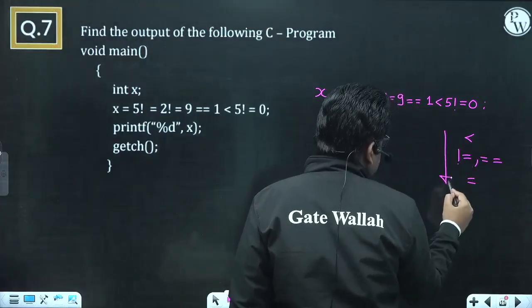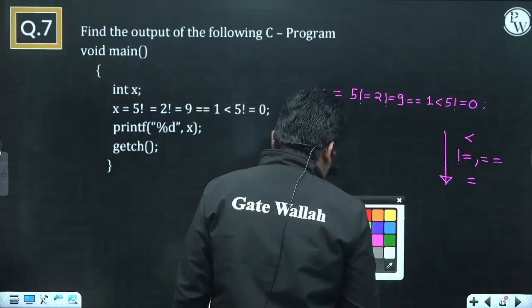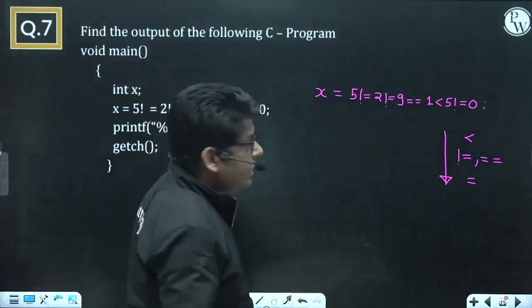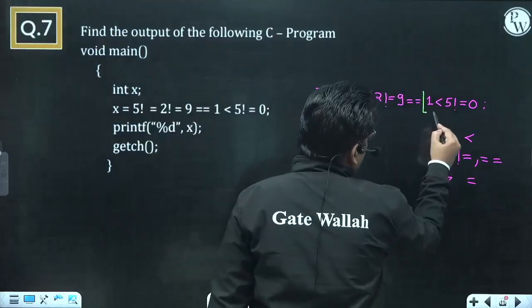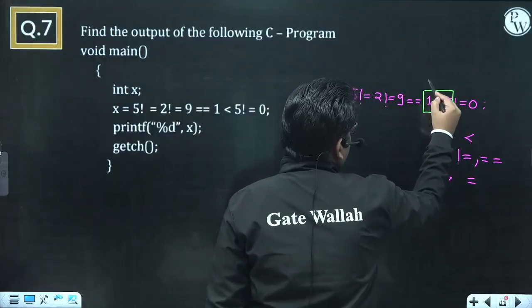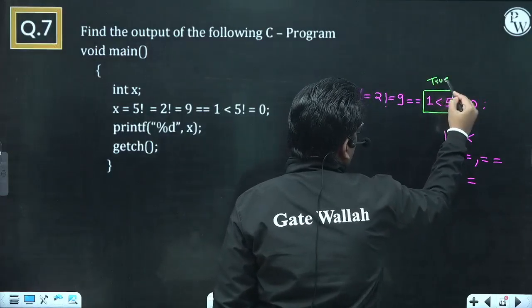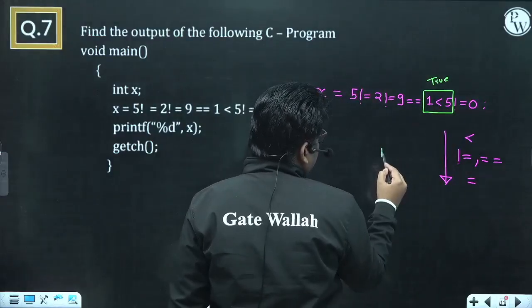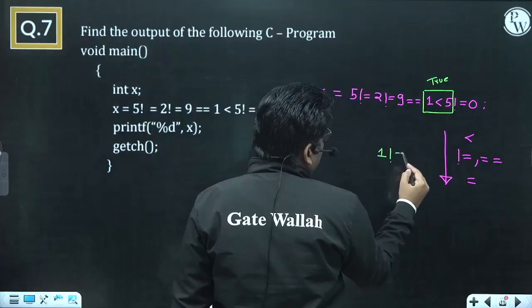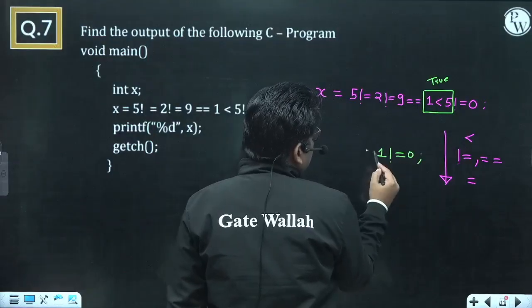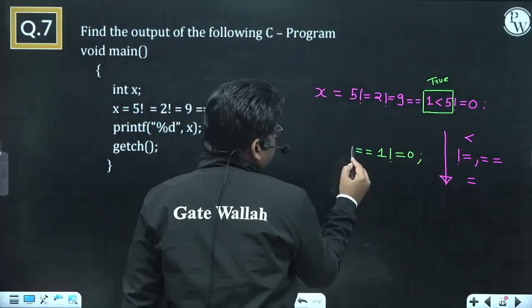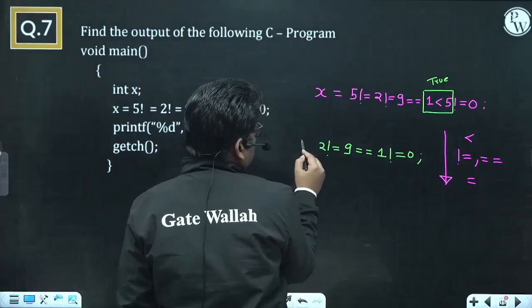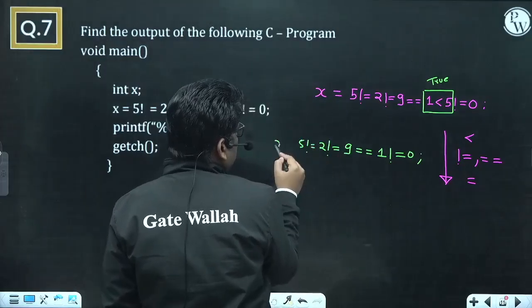The precedence is like this. So among all these operators, which one would be evaluated first? So tell me, 1 less than 5 is true or not? True, sir. If it is true, the value of this expression becomes 1. Now 1 not equal to 0. Let me rewrite the remaining expression.